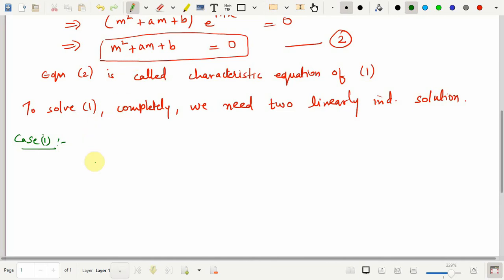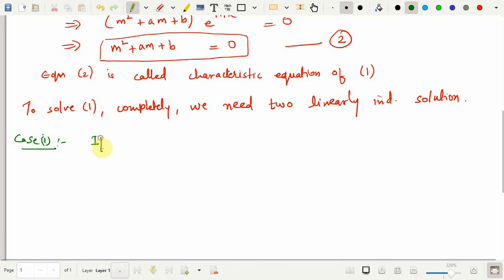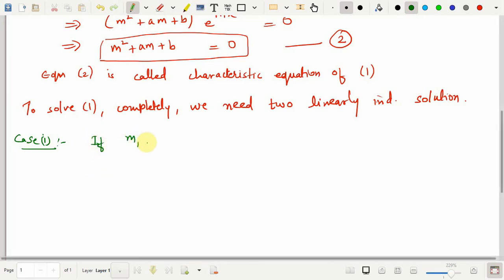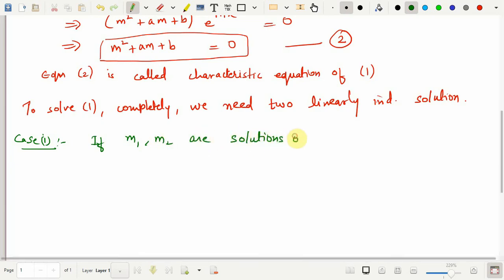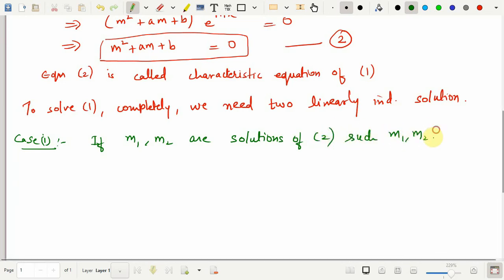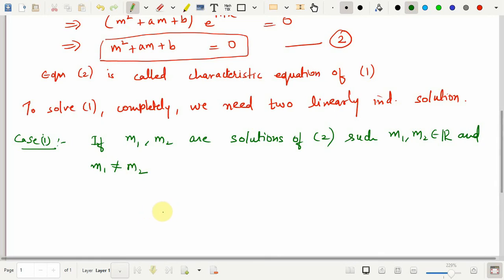if the 2 solutions of this equation 2 are distinct, so if m1, m2 are solutions of 2 such that m1, m2 are real and they are distinct. Again, we need to guess the solution in this case.